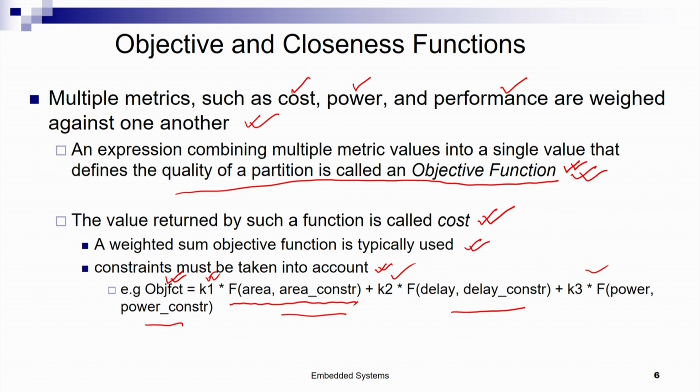F of delay comma delay constraint similarly will return a value with respect to the overall latency of this embedded system against a delay constraint that I have. Likewise, we will have a single objective function that will tell me the goodness of a certain hardware software partition at any given time.